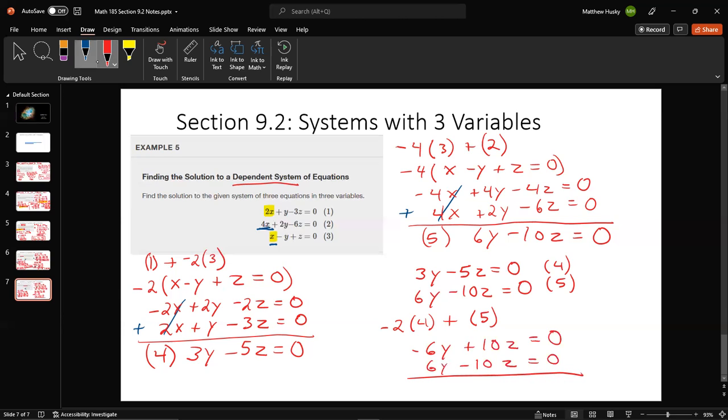Lo and behold, when you add those up, both the y and the z cancel out, and you get 0 equals 0. This is a true statement, which is how you know it is dependent.